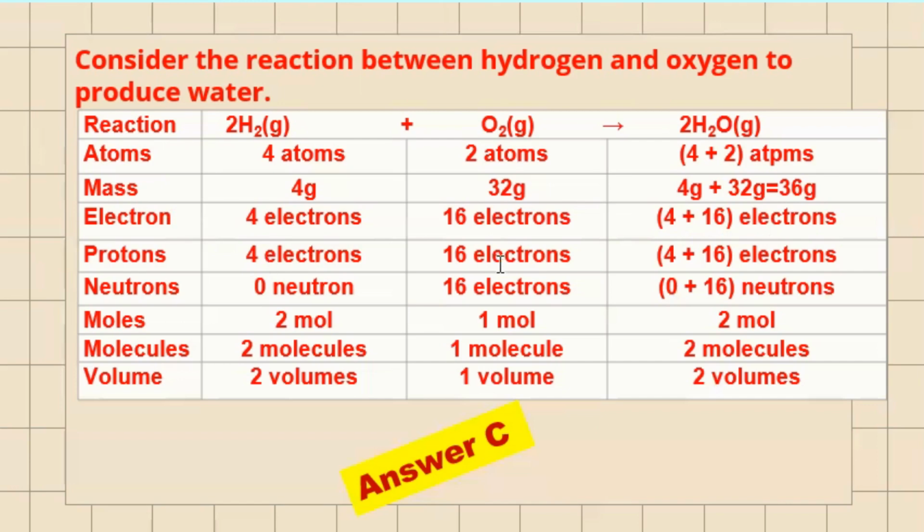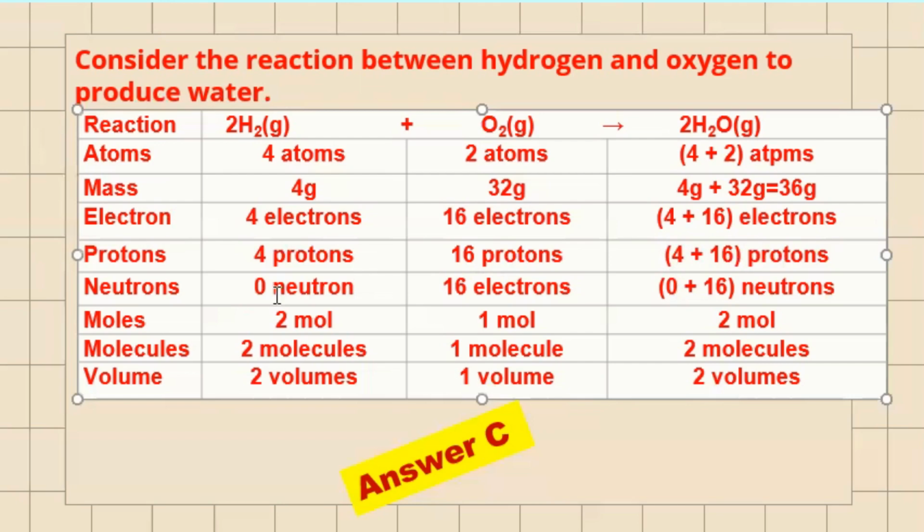Sorry, this is protons. This one also is protons. This is the number of protons. Okay, number of protons on the right-hand side: 4 protons plus 16 protons give 4 plus 16 protons.